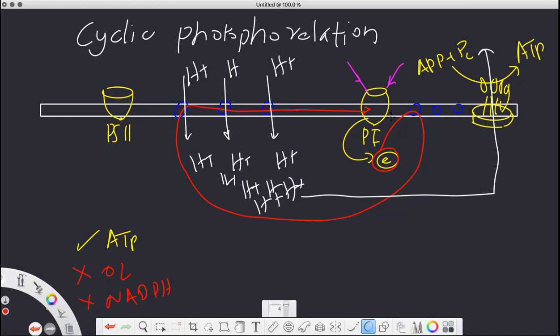Alright, so this is the most important part of photosynthesis, because a lot of questions are based on non-cyclic photophosphorylation. In this chapter, the most important lesson is the light dependent reaction, and the next one coming up later is the light independent reaction.